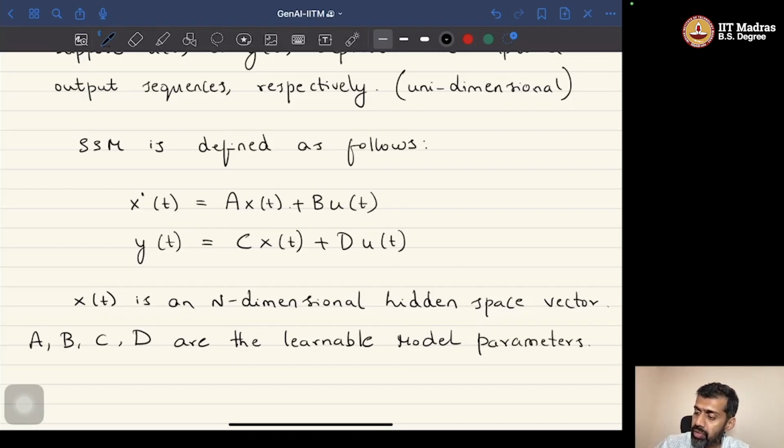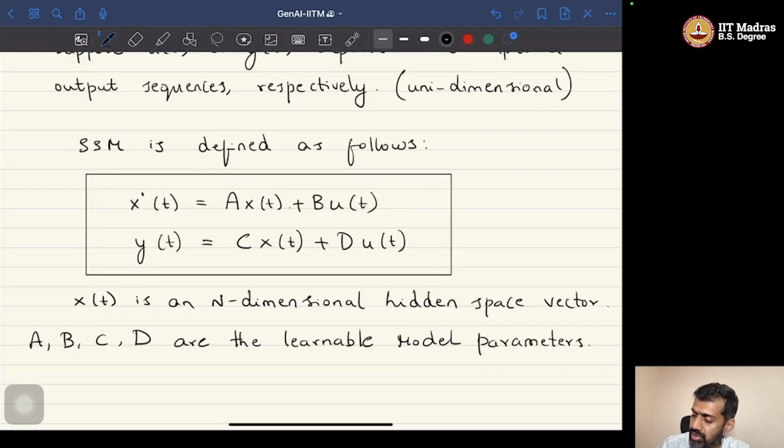And x dash denotes the temporal derivative, the time derivative of x.